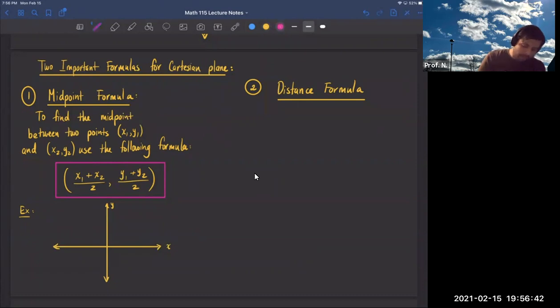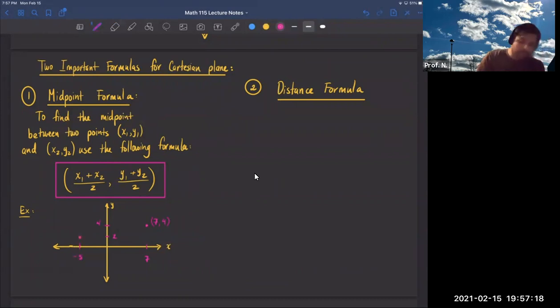If I choose the point 7, comma 4 in space, and I have another point, let's make this -5, comma 2.